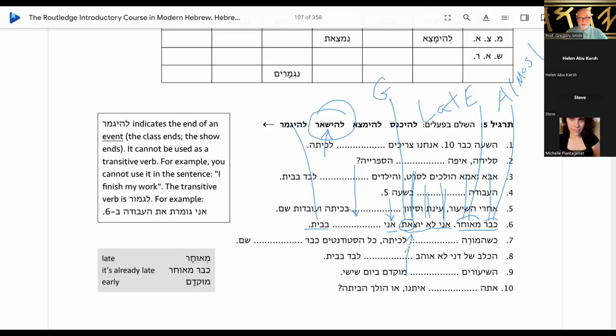It's not using yotze, which would be masculine singular. I don't go out. She's not going out. So that's how we know we've got to find the singular form of remain here. So let's go to our chart and take a look at it.